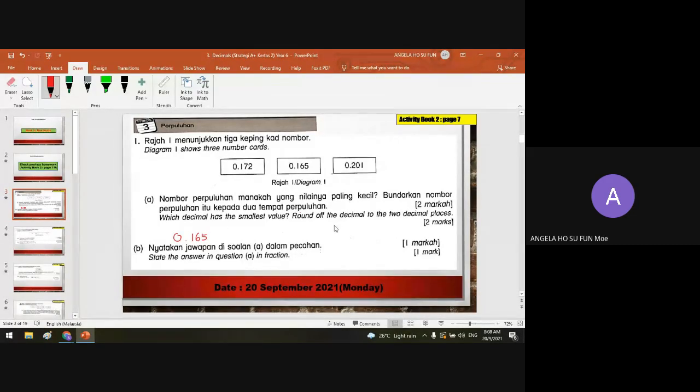Arina, 6 Mera, are you there? Noah? Yes, 6 Kuning. What is your answer if you round off this decimal number into 2 decimal places only?